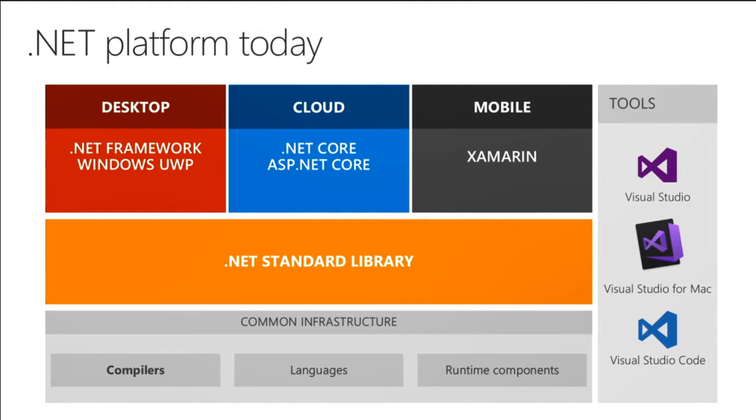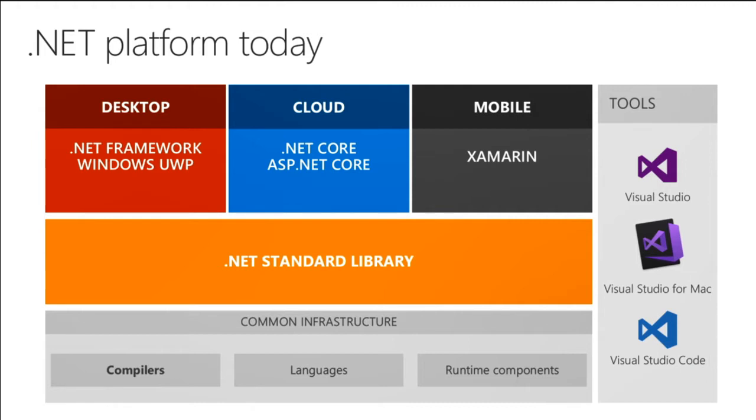And for mobile, we have Xamarin, which is cross-platform, so you can build iOS, Android, and Windows applications using one code base, right? And we have the common infrastructure at the bottom. The compilers, the language, and the runtime components all stay the same. And then we have the concept of the .NET Standard library that allows you to target all these different APIs to build these different applications.